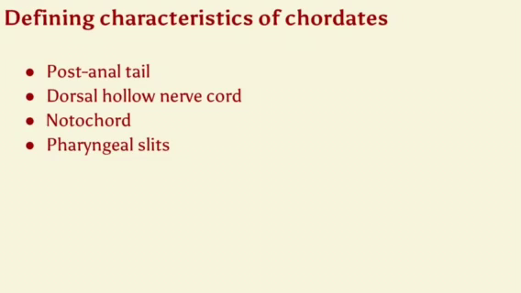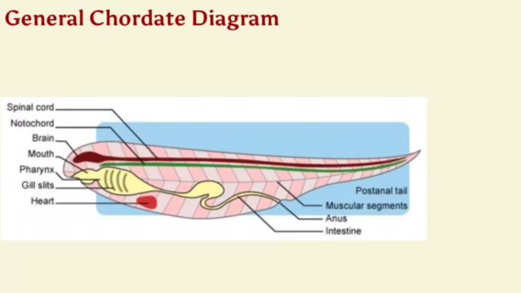Let's first take a look at this general chordate diagram, and we'll keep coming back to this. Unless they tell you otherwise in class, we're not going to be using this diagram for testing purposes, just more as a reference diagram.